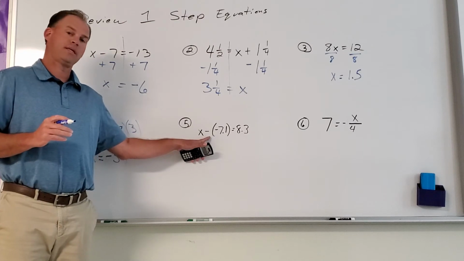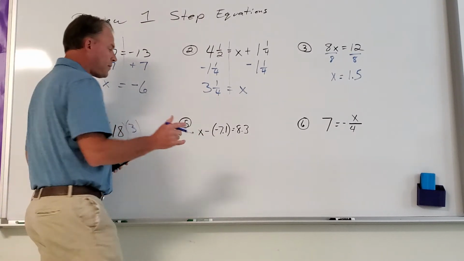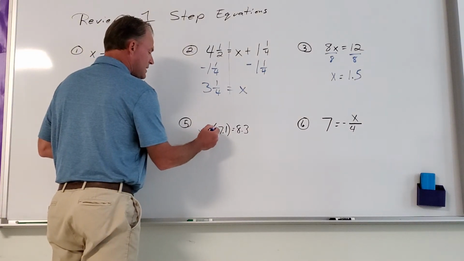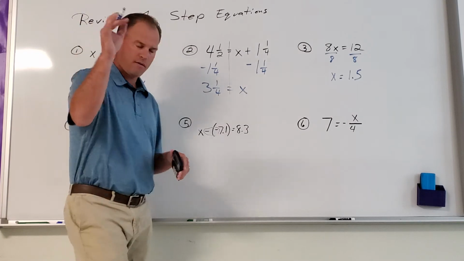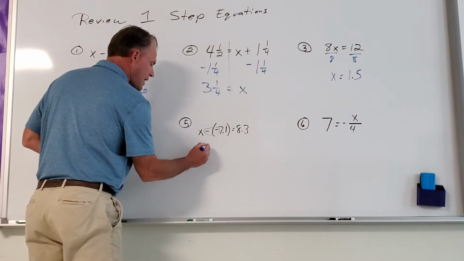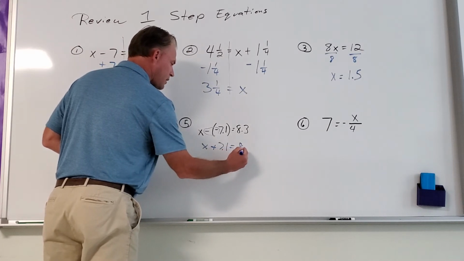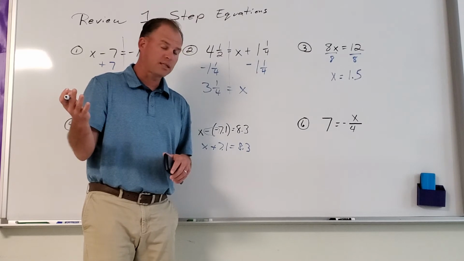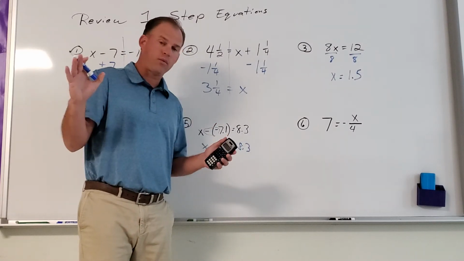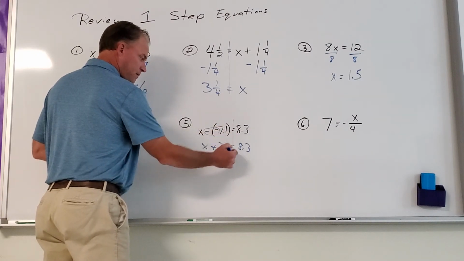All right. Number 5. We talked about this the other day. I've got double signs here. I don't want a problem with double signs. Minus, negative. What do I turn minus negative into? Very good. Plus. x plus 7.1 equals 8.3. Remember, fractions and decimals are just numbers. Don't freak out when you see them. Here's my x. Here's my equation.